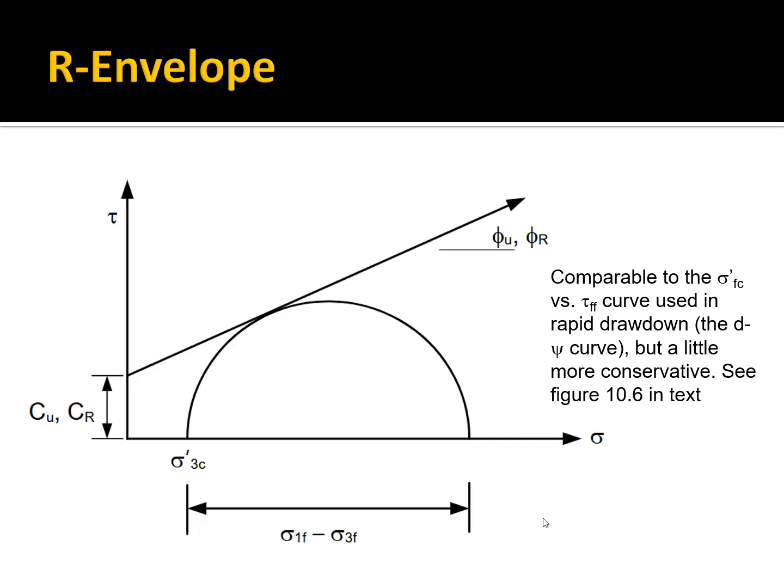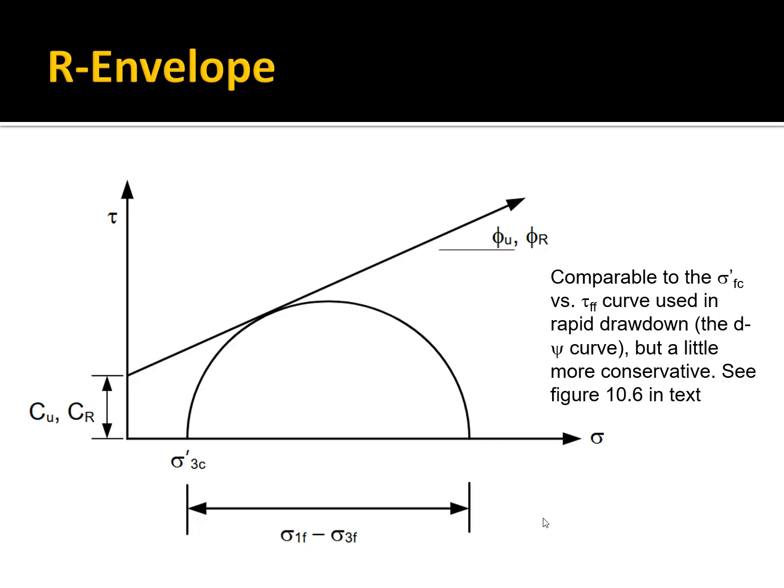So why use this? What's the point? Well, the point is the final curve you get from this is very similar to the tau FF versus sigma prime FC curve that we used in rapid drawdown, the d psi curve, but it's a little bit more conservative. If you look at figure 10.6 in the textbook, you'll see that the envelope from this is just below that one.